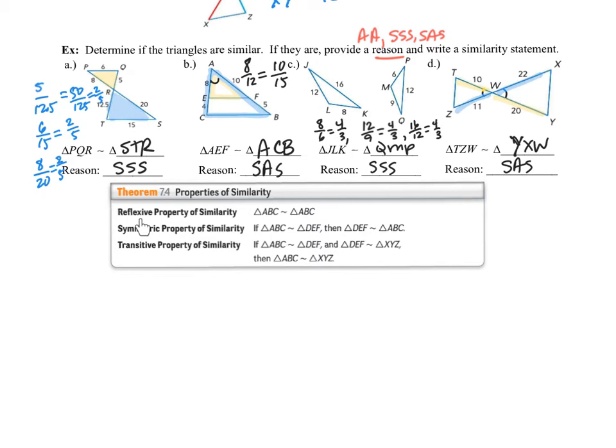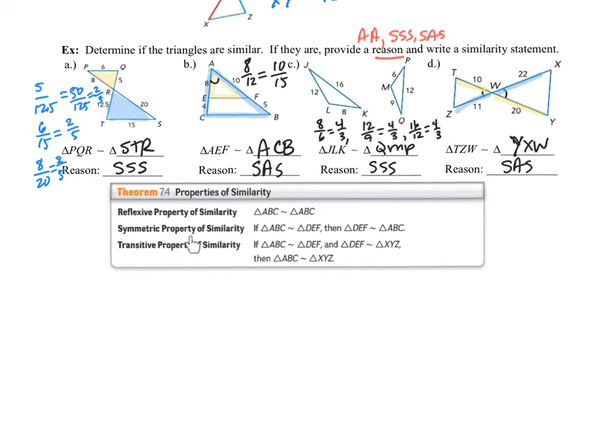And remember, we studied the reflexive, symmetric, and transitive properties as they related to equality. Then we talked about those same properties as they related to congruence. So now we're going to talk about these properties as they relate to similarity. The reflexive property of similarity just says that every shape is similar to itself, okay?